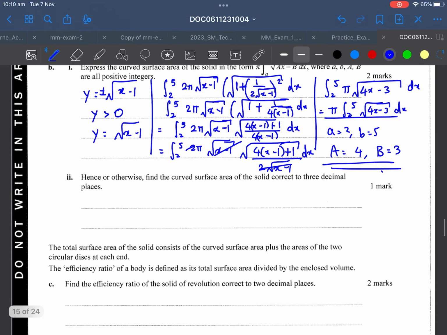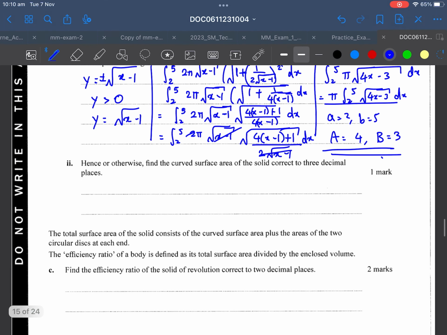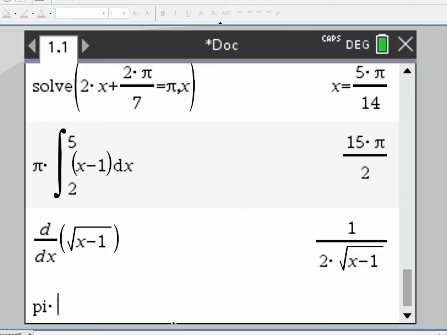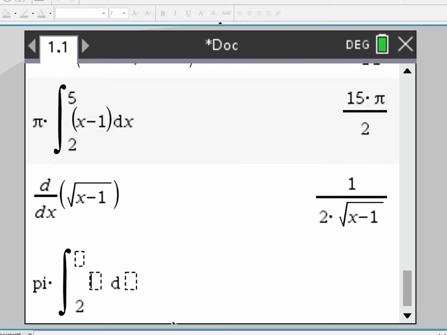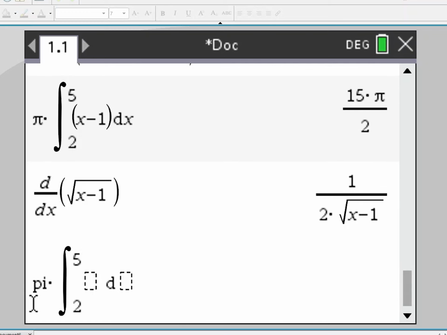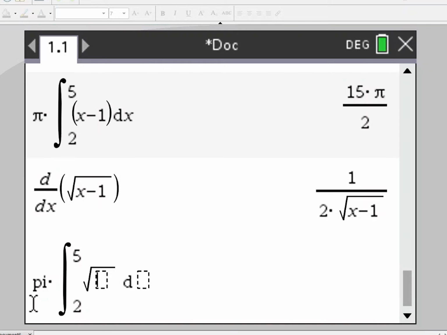Okay. Hence or otherwise find the curved surface area of the solid correct to 3 decimal places. So now we just type this integral out and find it. So π times the integral from 2 to 5 of the square root of 4 times x minus 3.